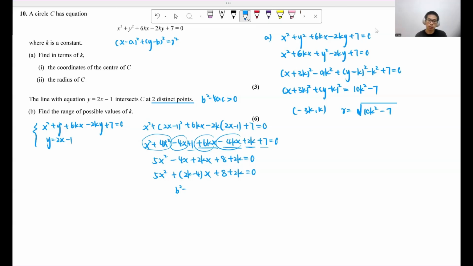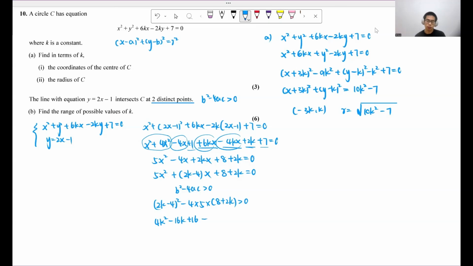So b squared minus 4ac more than 0. b is just 2k minus 4. So 2k minus 4 squared minus 4 times a, which is 5, times c, which is 8 plus 2k, more than 0. If we expand it out, that would be 4k squared minus, 2 times 2k is 4k, times 4 is 16k, and then plus 16.